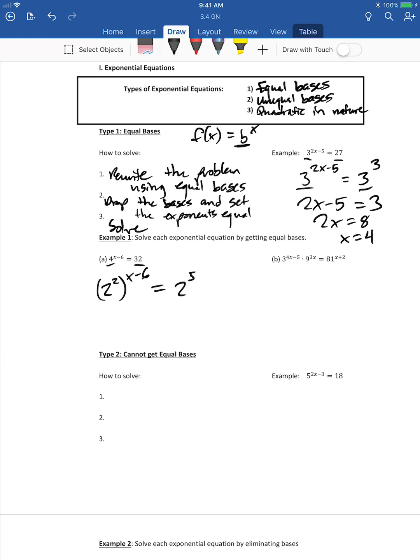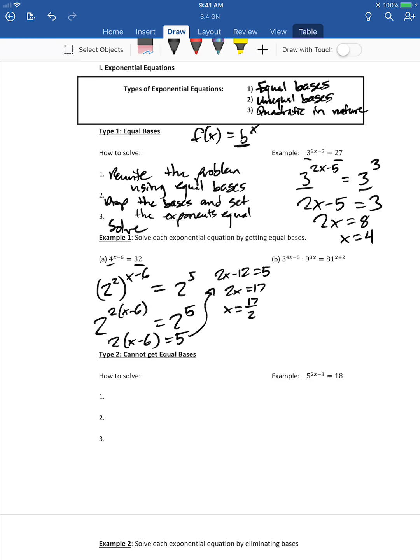Remembering my exponent rules, my power rules, if I'm raising a power to another power, I am multiplying the powers together. So this is 2 to the 2 times x minus 6 power equals 2 to the 5th. I can drop my bases, set the exponents equal to each other. 2x minus 12 equals 5. 2x equals 17. X equals 17 over 2.